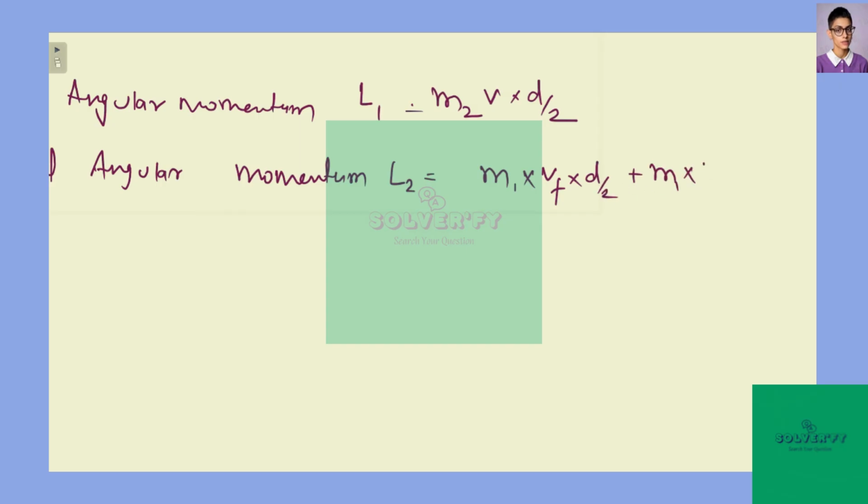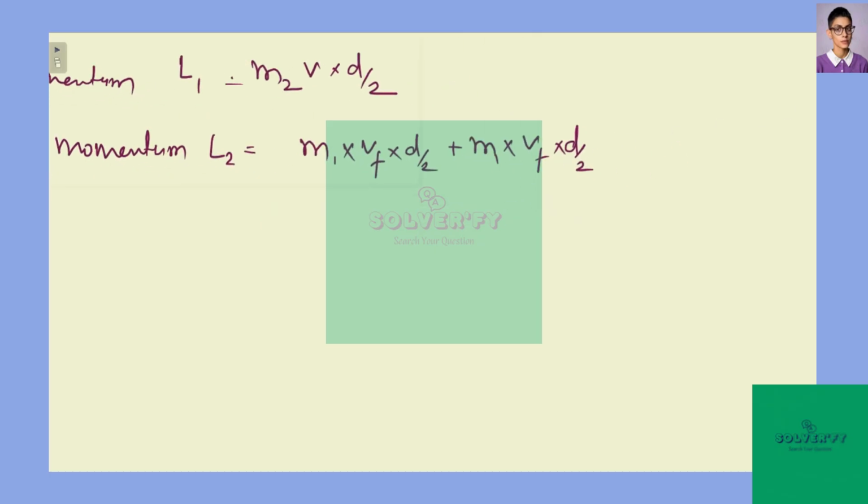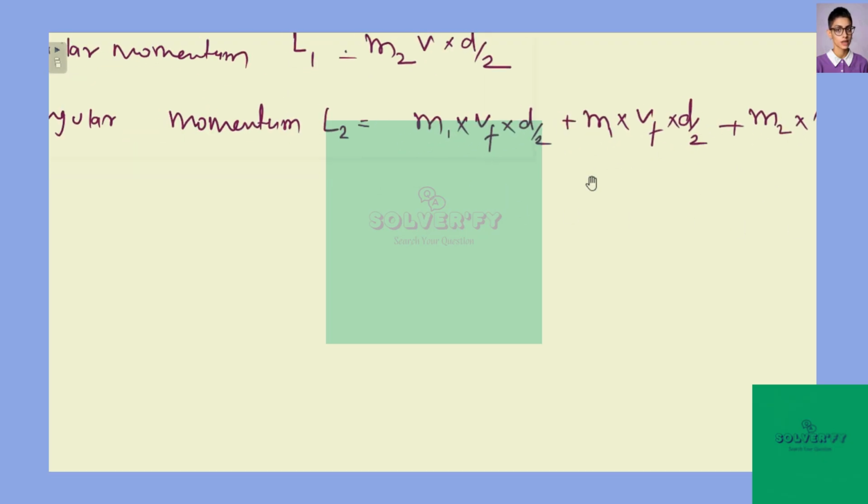This is m1 into v final into d by 2 plus m1 into v final into d by 2, which is the momentum of the balls, plus the momentum of the putty, m2 into v final into d by 2, because all the three bodies have the same velocity.